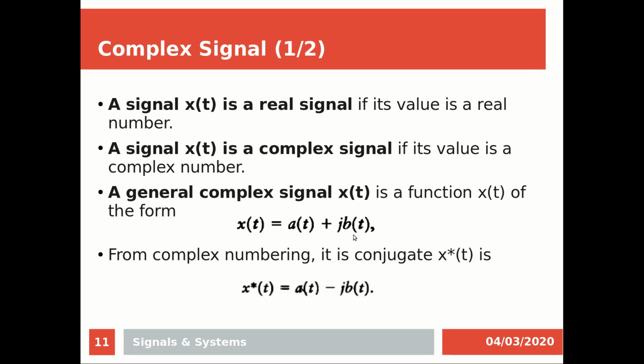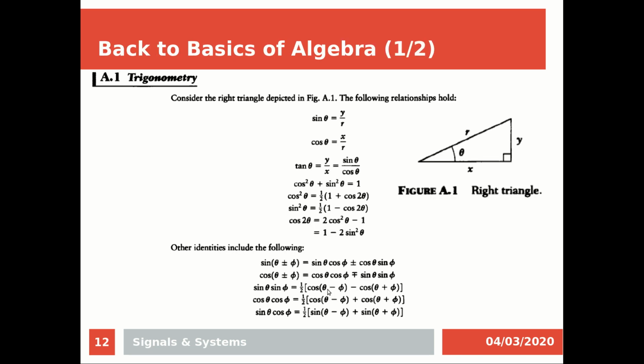Reviewing the complex number again, the conjugate of x of t, which we refer to as x star of t, equals a of t minus j b of t. So this is the difference between the conjugate and the function itself: we just reverse the sign of the imaginary part.